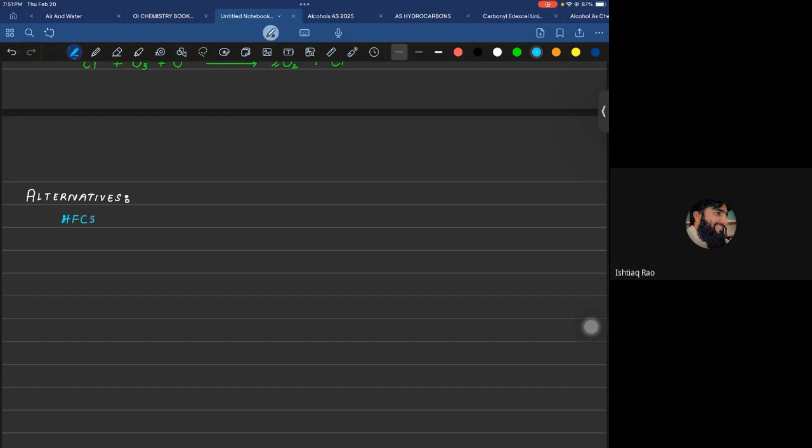HFCs बोले तो hydrofluorocarbon. And then we can use LPG, that is liquid petroleum gas. And then hydro and then fluorocarbon. देखो फ्लोरो इसमें भी है, बट द थिंग इज के फ्लोरीन वाला बॉन्ड तो ब्रेक डाउन होता ही नहीं है.